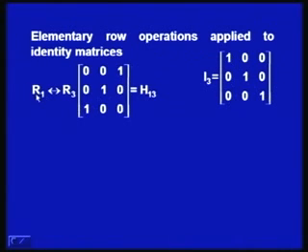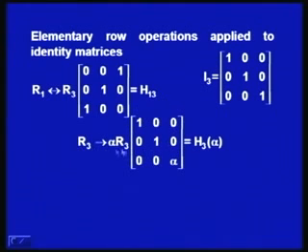So, when I apply this operation, what I have is a matrix H13. So, H13 represents an elementary row matrix which is obtained by applying the elementary row operation where R1 is interchanged with R3. That is the significance of this 1, 3.